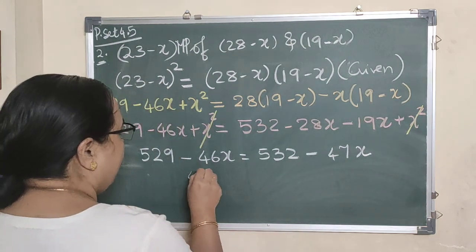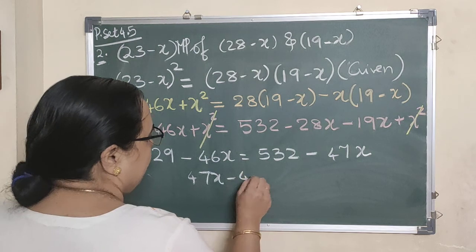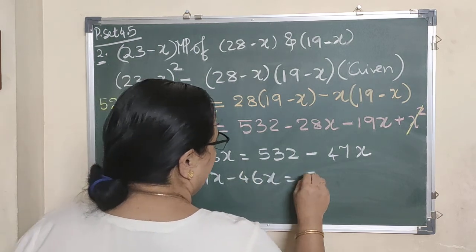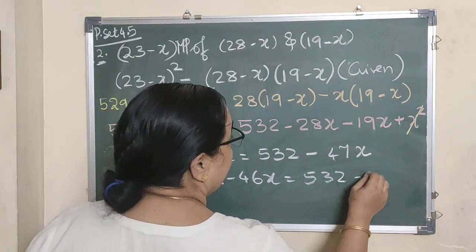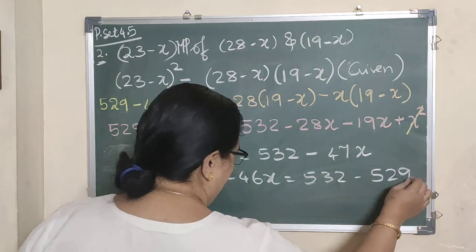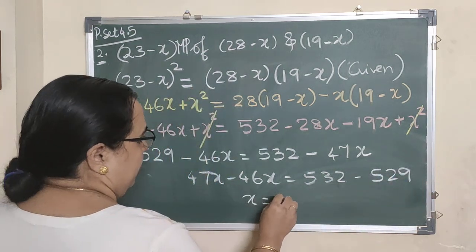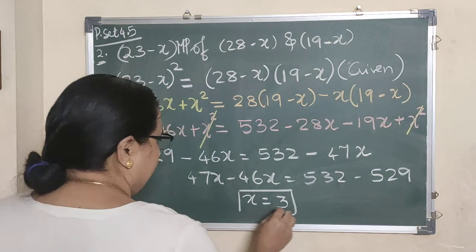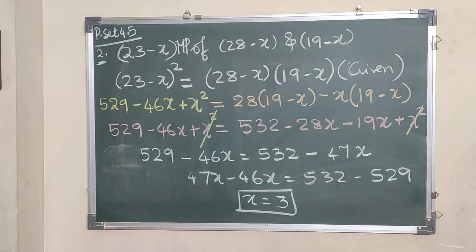So you have 47x minus 46x equals 532 minus 529, giving you x as 3, right? So I hope you have followed the sum.